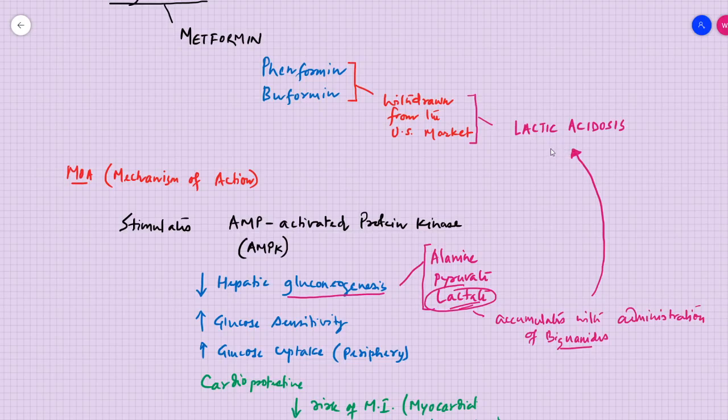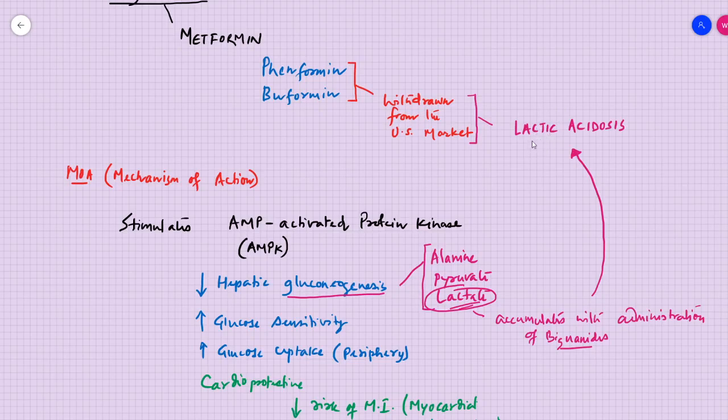It does, but the instances are comparatively less compared to fenformin and buformin. It's relatively safe if the renal function is really good, but if the renal function gets compromised, then it has a risk of lactic acidosis.